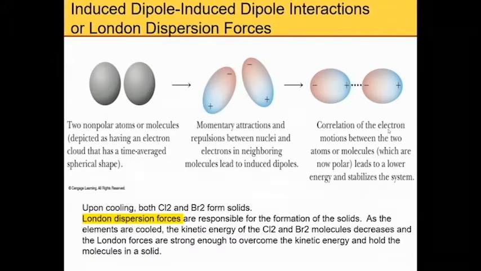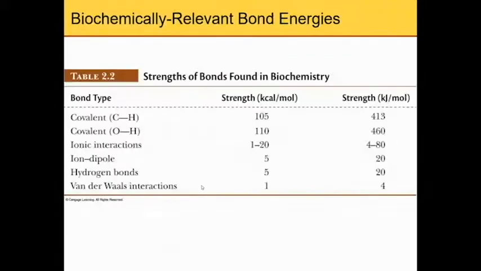So you have two nonpolar atoms or molecules, and then you have momentary attraction and repulsion between the nuclei and electrons in neighboring molecules that lead to the induced dipole like this. And then the example will be this: upon cooling, they form the solid.